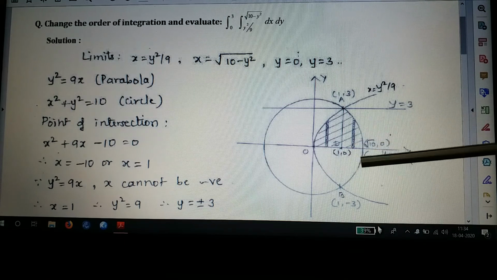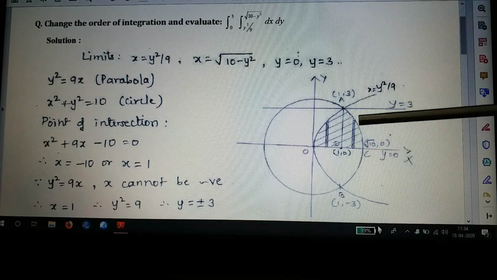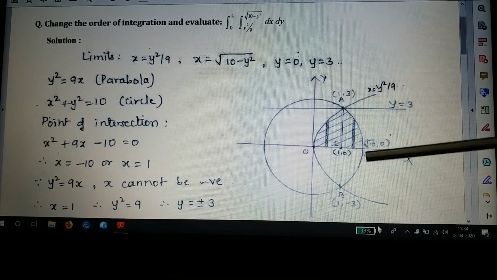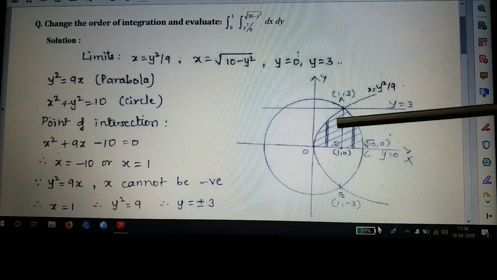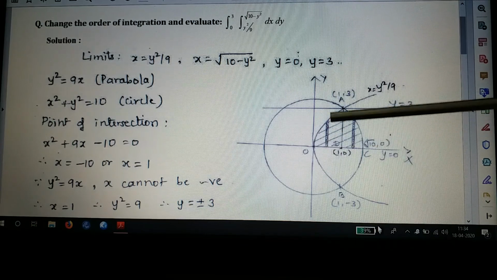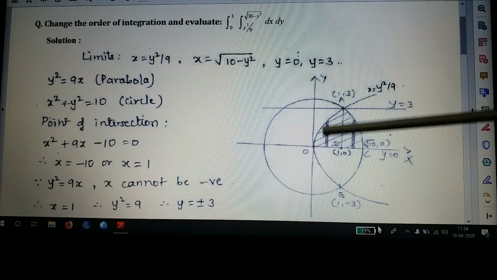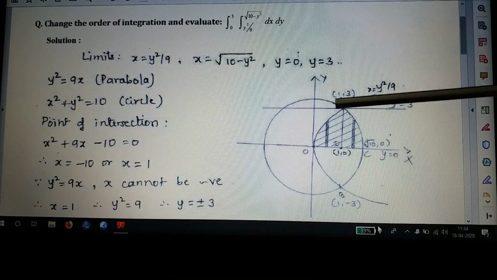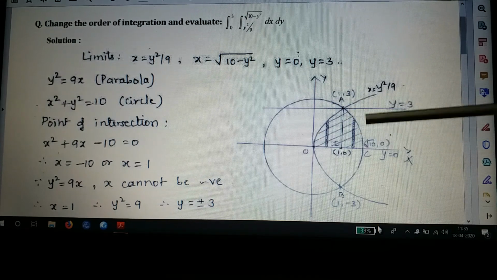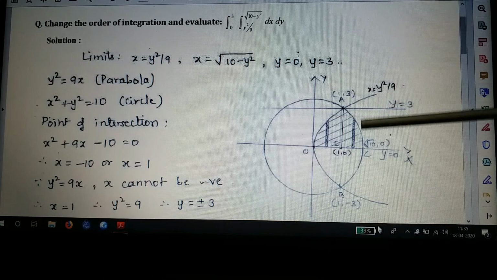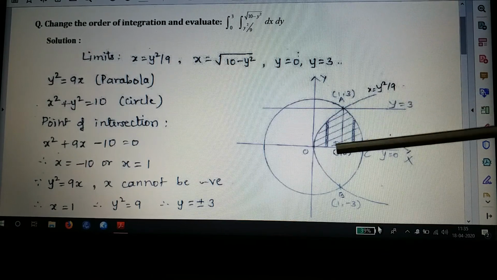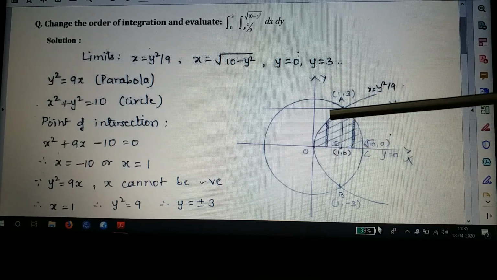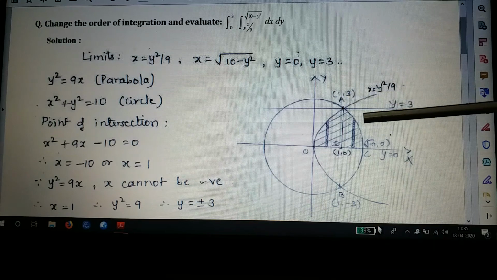Here the strip starts from the x-axis but now it ends on the circle, whereas before AD, the strip was ending on the parabola. After AD, the strip is ending on the circle. So the limits for y will change in both regions. Though the lower limit is the same, the upper limit is going to differ.